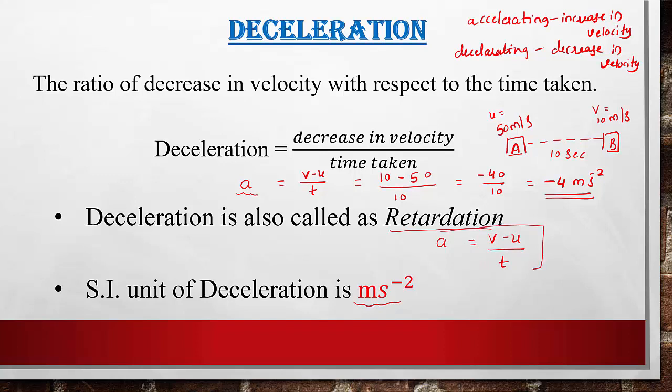It is the same equation but we get the answer in negative terms. See here, acceleration is increase in velocity, deceleration is decrease in velocity. Both are denoted by the symbol a equal to (v minus u) divided by t, and the SI unit is meters per second squared.